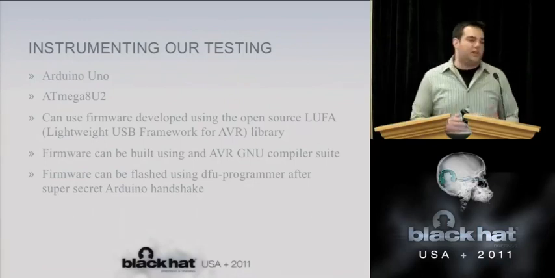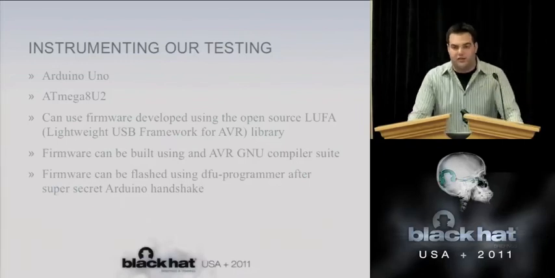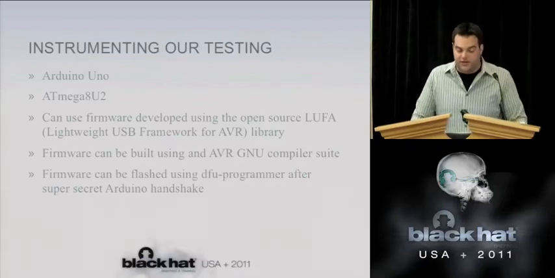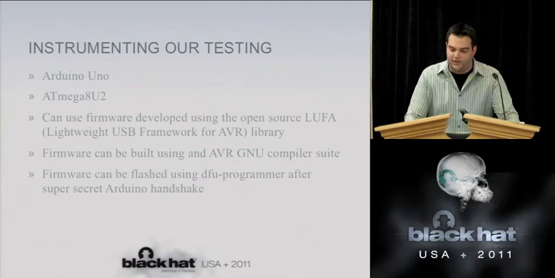So basically this is a framework where you can modify or do whatever you want to in the USB firmware, compile it then. You can flash it onto the Arduino if you give it the super secret handshake to turn it into the DFU programmer mode. Then you can upload your firmware and run your custom firmware on the Arduino.